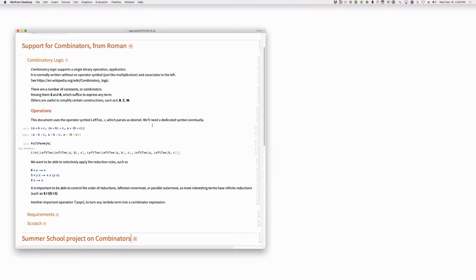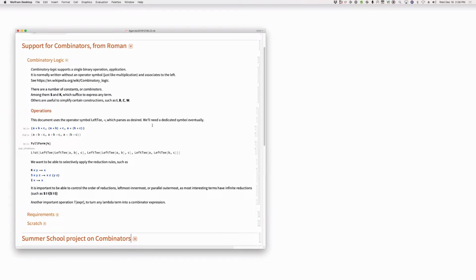Yes, this is a quick overview of what kind of animals we need if we want to support combinators. It's really simple because there's a single operation, the binary combinatorial application, and then there are these constants, these combinators, S and K, and some others that are useful if you want to convert lambda expressions into combinators.